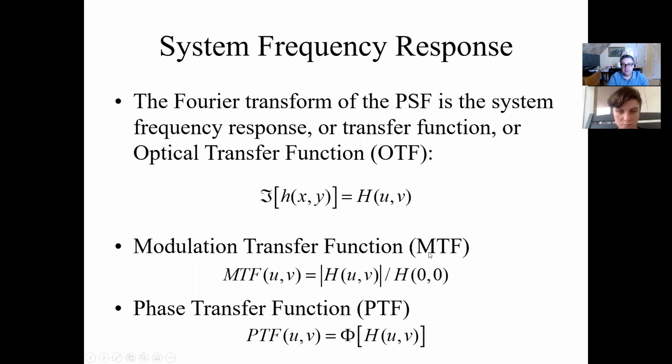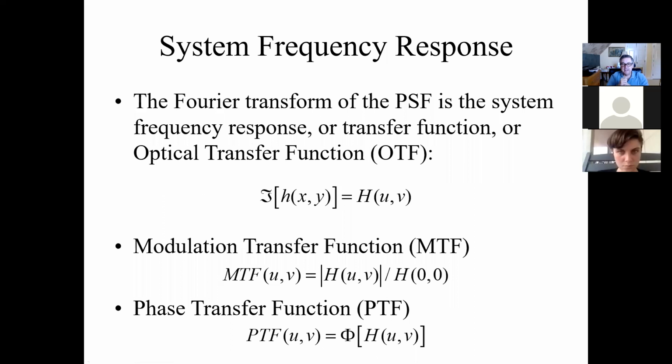Then the modulation transfer function is usually expressed this way, and also often normalized to the zero frequency result. The reason for that is a lot of times in imaging, we don't care about absolute gain of the system, because you can always manipulate that when you actually display the image.